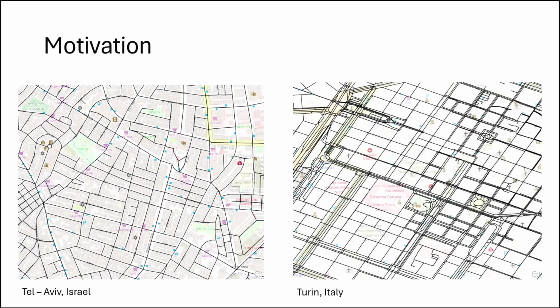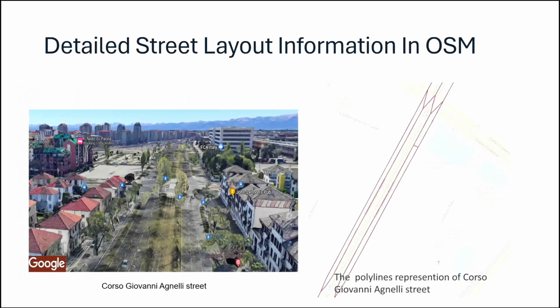Just to explain the problem more deeply, let's take this street as an example. In reality, a street usually has more than one lane. There are at least 4 lanes, 2 for cars and 2 for pedestrians. It could even be more detailed.